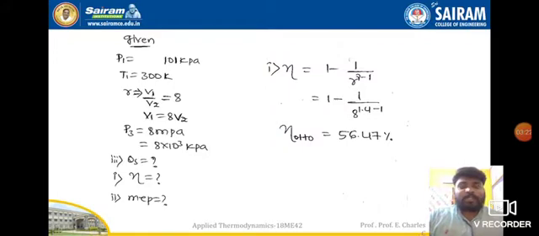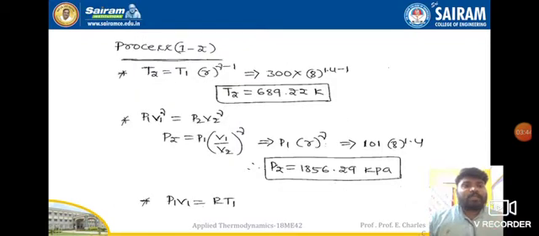So straight away you can find it without any confusion: 1 minus 1 divided by 8 to the power of 1.4 minus 1. Finally, the Otto cycle efficiency is equal to 56.47%. I hope that till here students won't have any doubt, because it is a direct substitution.